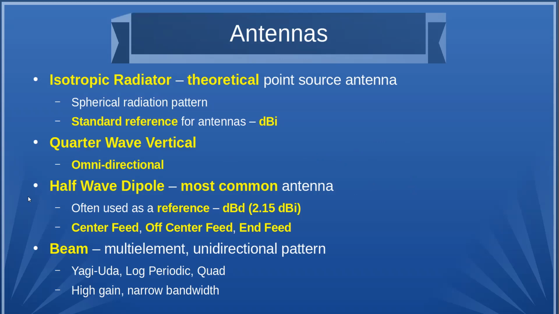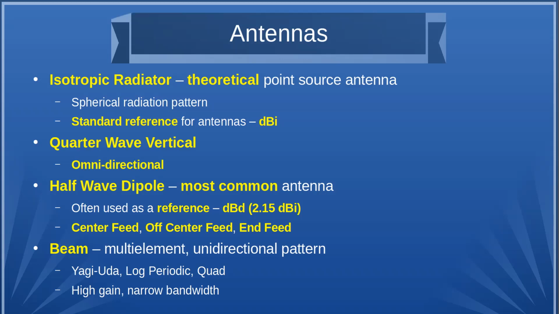The half-wave dipole, there's kind of three variations. The normal one you see is center fed, where the elements are equal quarter wavelengths. There's an off-center feed. The antenna is still half wavelength long, but you feed it at 20, 30% from one end. It varies.